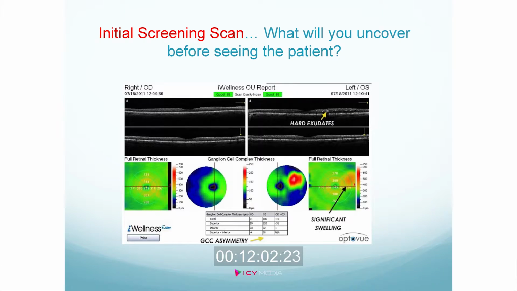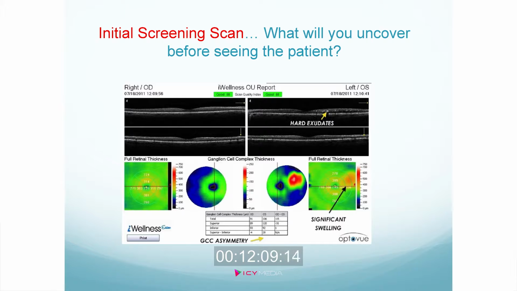We want some assessment of retinal tissue thickness, the ganglion cell complex, and how this patient compares to the normative population. I mentioned before that I like the OptiView Eye Wellness Scan because it gives us everything on one printout that we want to see preemptively. You can use the Cirrus, you can use Heidelberg, anything you want, as long as you get all of the information on the scan that you want. So the question is, what are we going to uncover about this patient before we even see them?